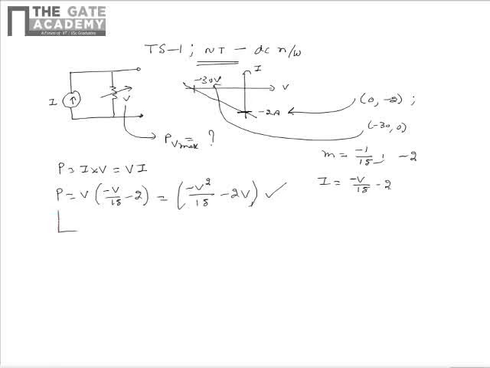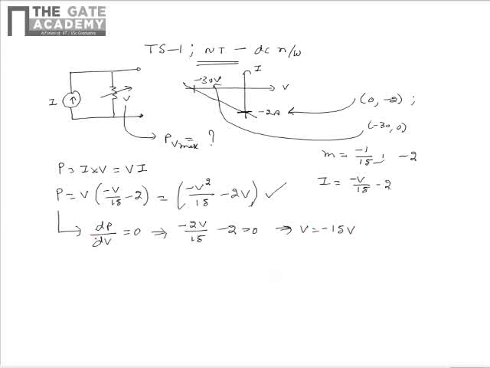We know that the maximum power is dissipated in the variable resistor when dP by dV is equal to 0. That implies -2V by 15 minus 2 should be equal to 0. So that implies V is equal to -15 volts.